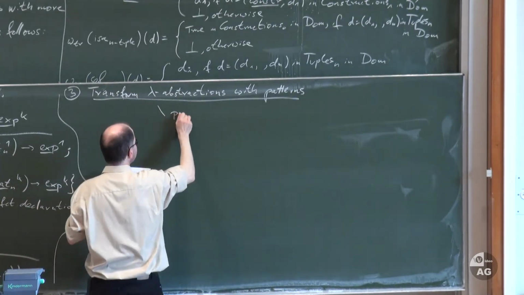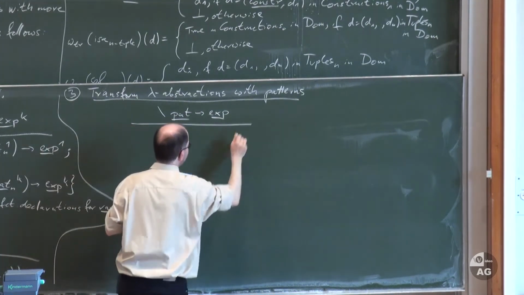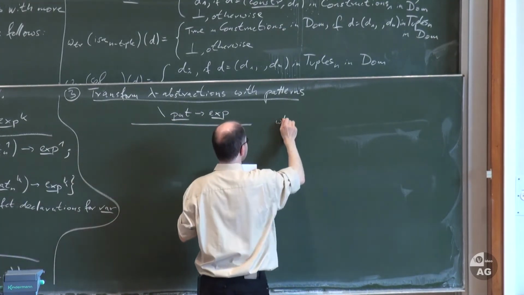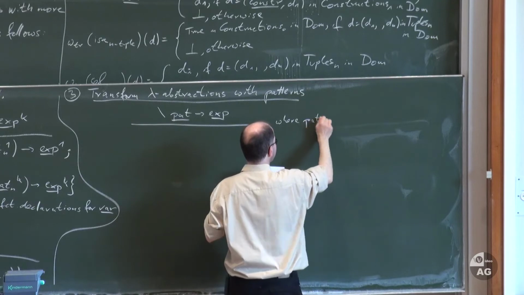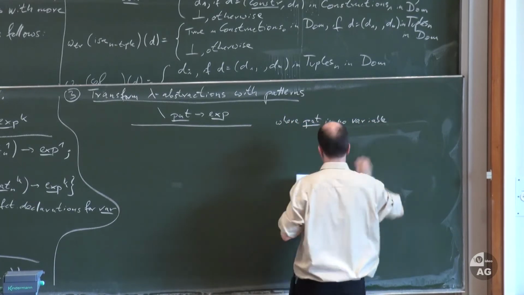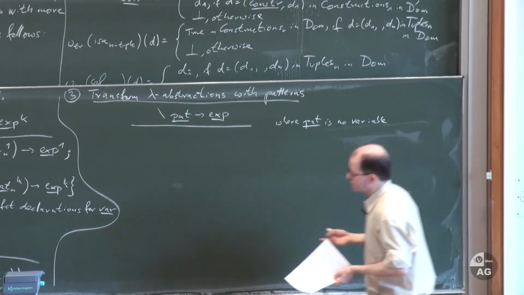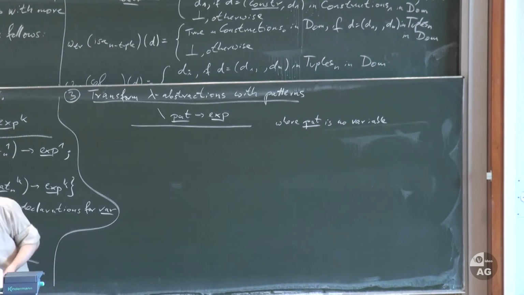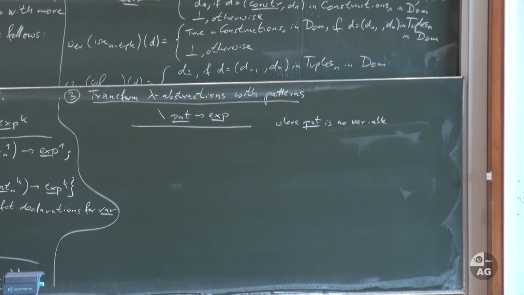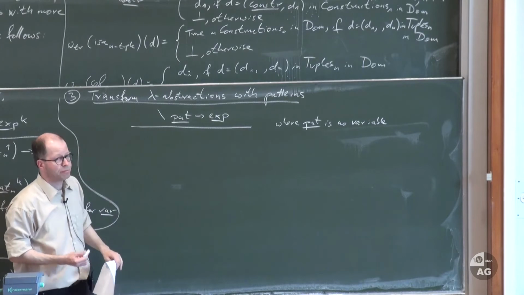So if you really have something like this, lambda pat exp, where pat is no variable, then the idea is, I mean, we have to get rid of pattern matching, but let's first transform all occurrences of pattern matching into case constructs, and then we discuss how to get rid of case. So we could transform this pattern matching under the lambda into a pattern matching with case.